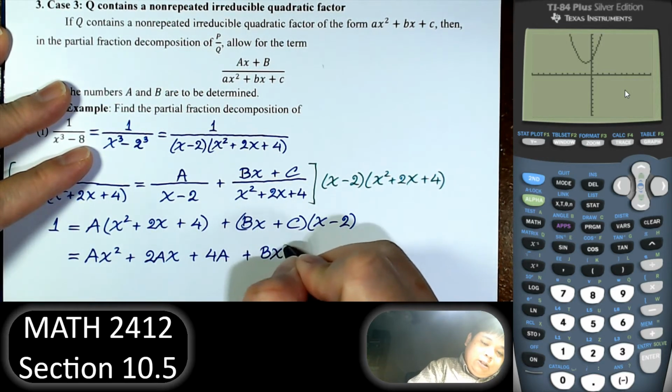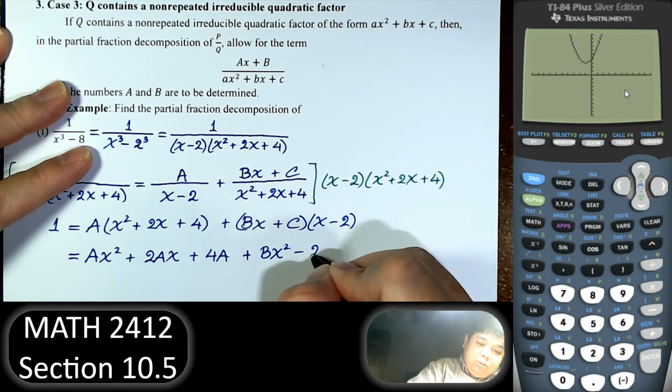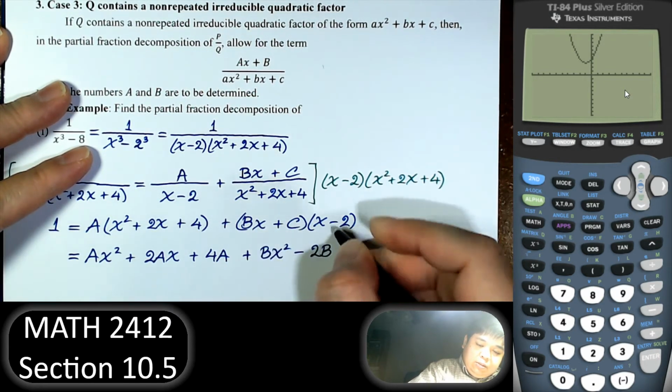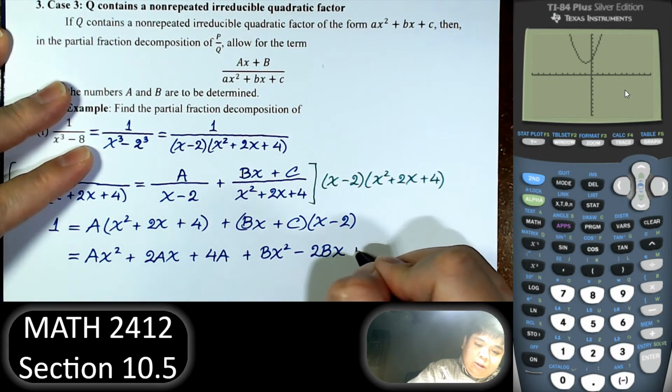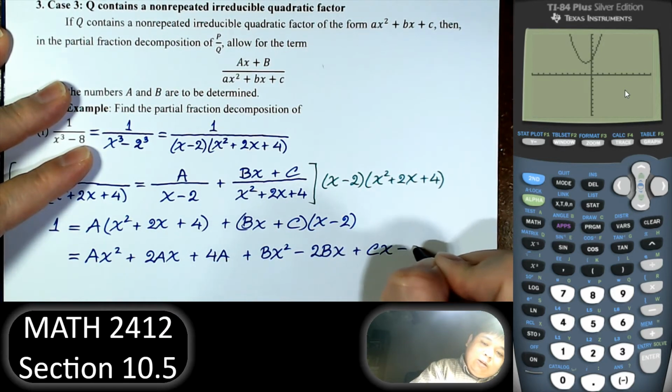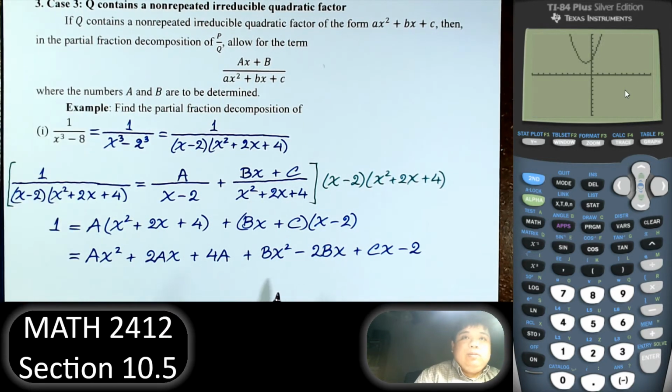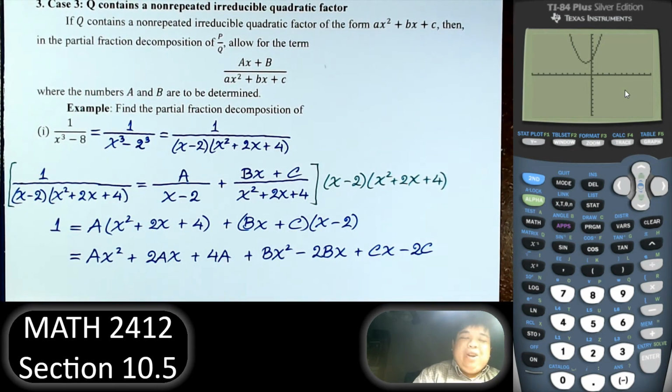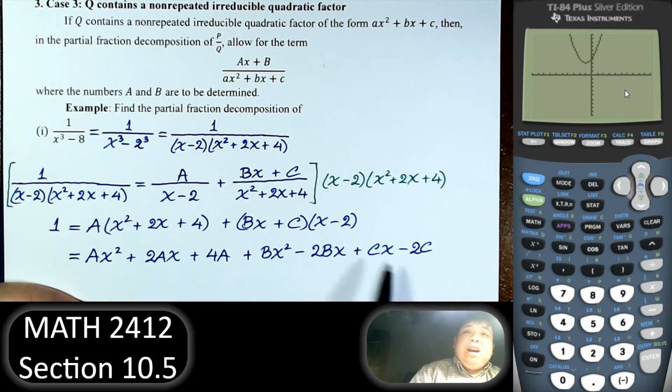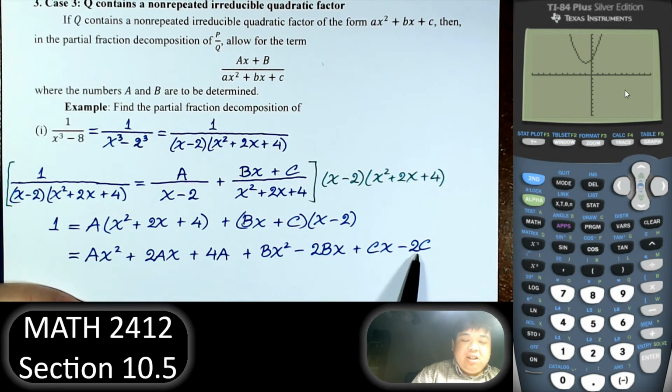And now multiply this out. Bx times x, bx squared, minus 2bx, plus cx minus 2c. Right. Because we should not have any term that's just a number by itself.